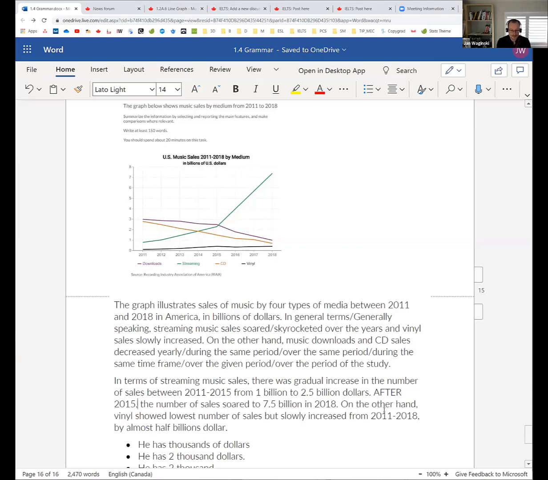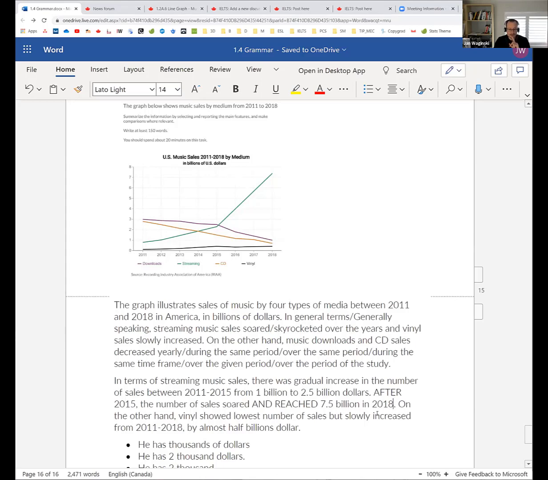In the morning, comma, I eat breakfast. After 2015, the number of sales soared to 7.5 billion in 2018. Soared. I would say soared and reached 7.5 billion in 2018. And it never reached 2. Yes, it just reached 7.5 billion after the number of sales soared.